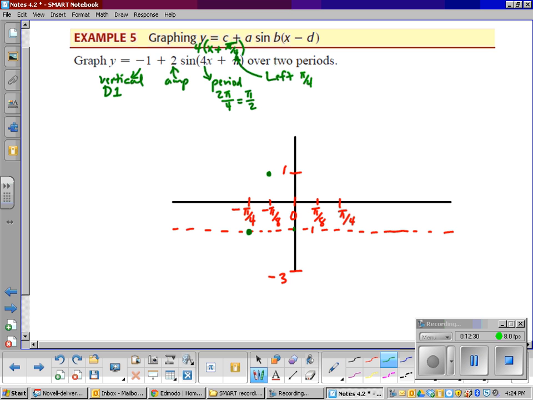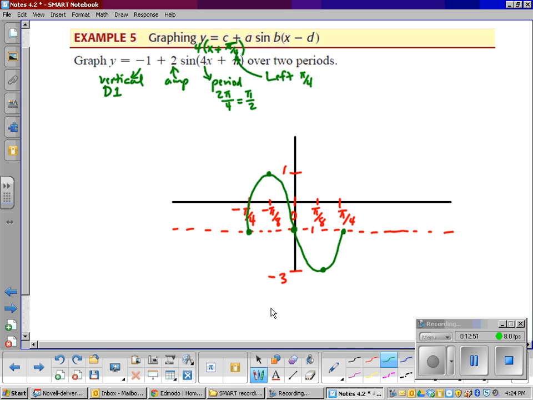At 0, we're back to the midline. At pi over 8, we're down to the minimum. And then at pi over 4, we're back to the midline. So now we connect these points. And that's one period of the graph.